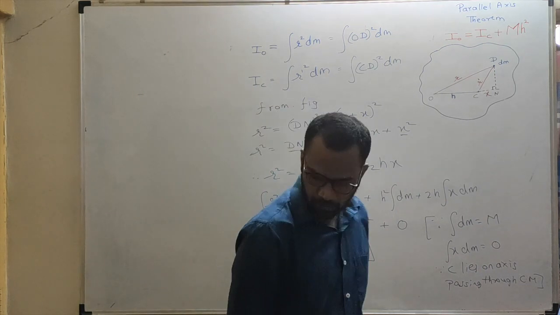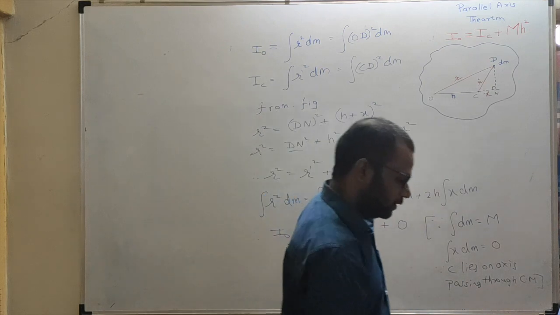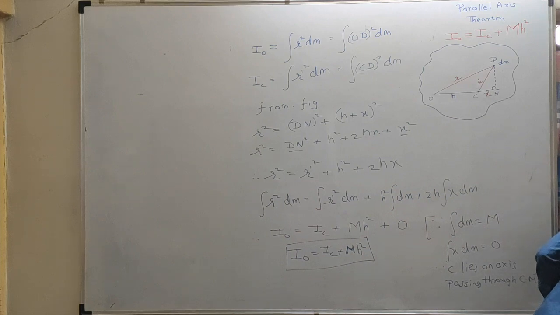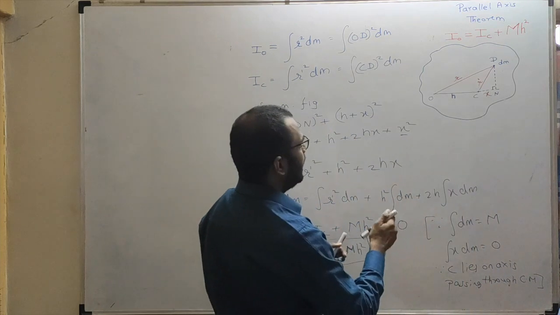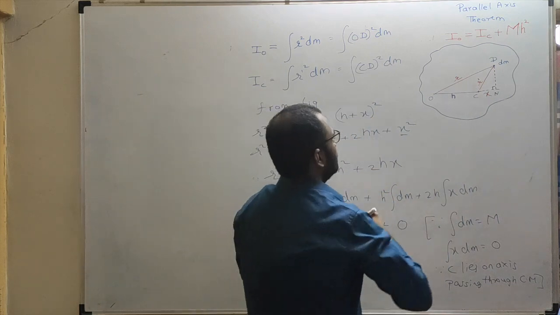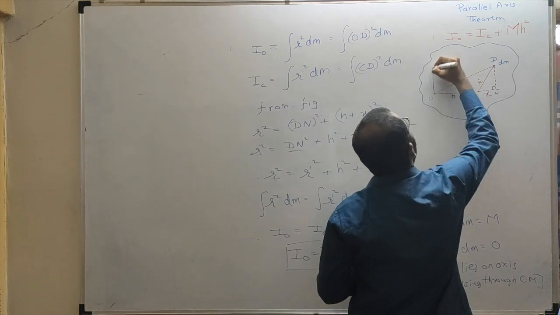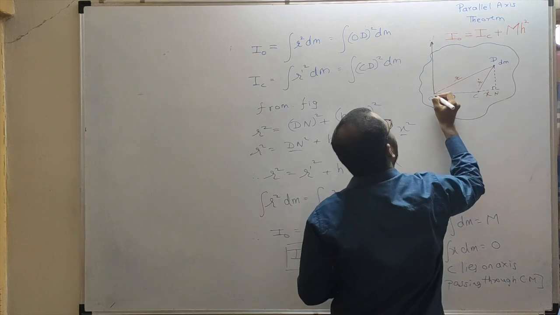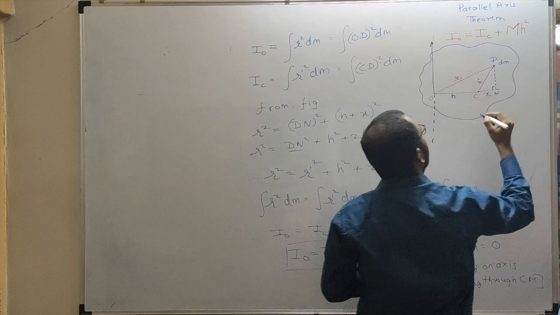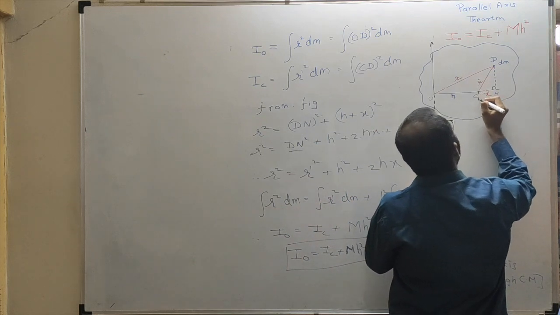Okay? Alright. In the diagram, just show this axis like this. Actually the axes are perpendicular to the board or to your page, but still you show the axis like this. And the axis through C like this.